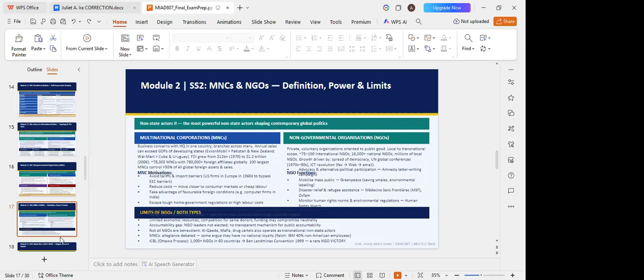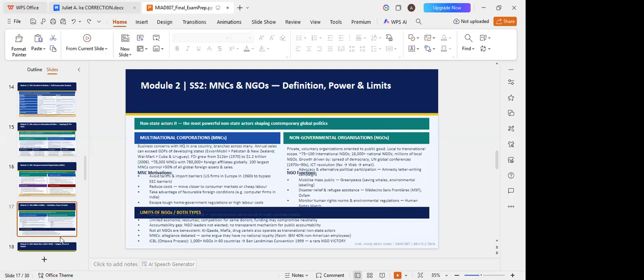You understand? So the number one role of a non-governmental organization is humanitarian assistance and disaster relief. That is, they provide humanitarian assistance in a place where the government is not able to provide.